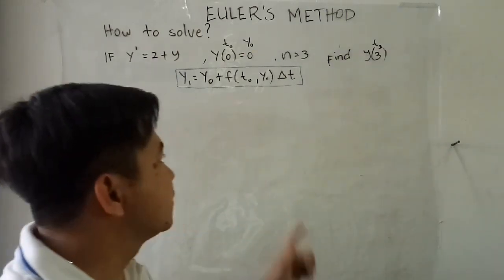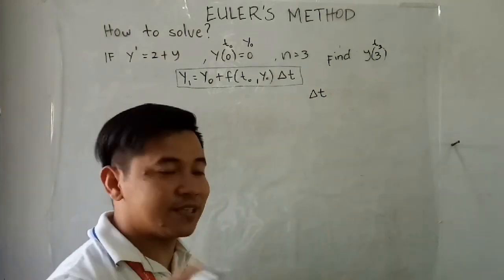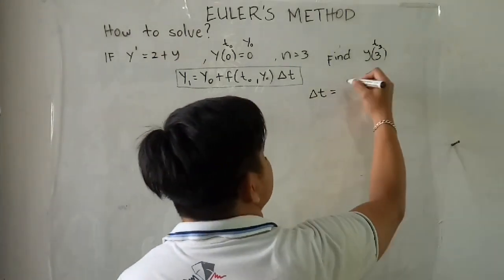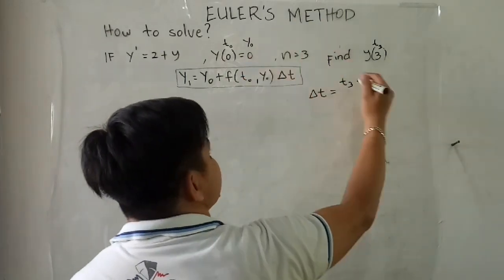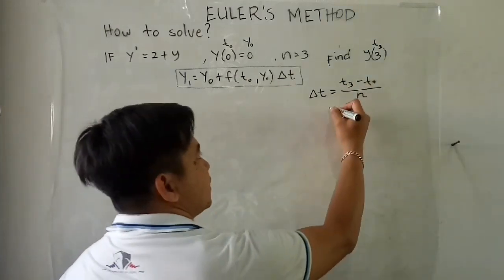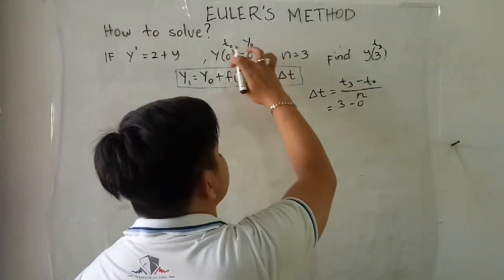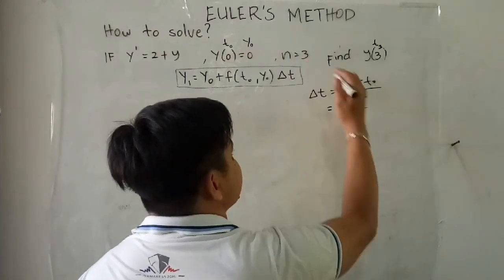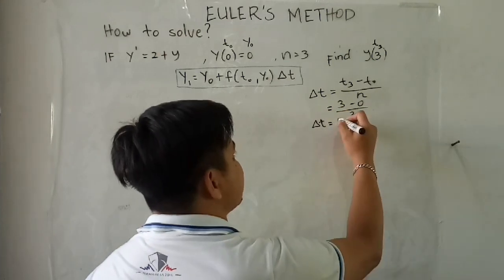The formula for delta t, or h, or step size, is t sub n, the final, minus the initial, over n. That is 3 minus 0 over 3, so our delta t, our step size, is 1.